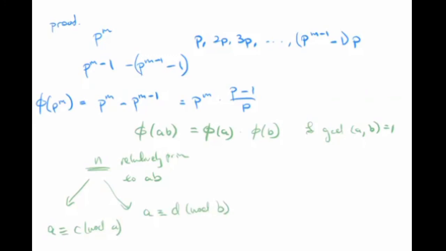So basically for each C and D relatively prime to A and B, it generates an N relatively prime to A and B. So the number of C's is the totient of A, and the number of D's is the totient of B. So the number of N's relatively prime to A and B is the product of them.